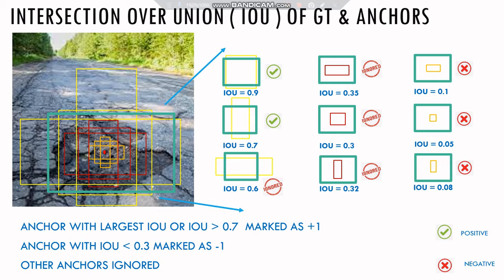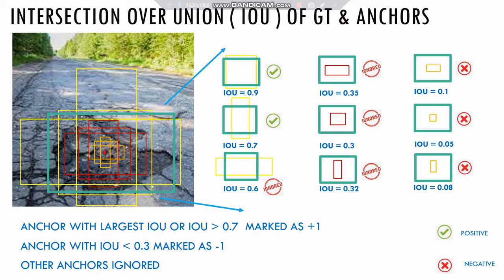Now intersection of union is the ratio of the area which is being intersected, that is the common area between the anchor box and the ground truth, and the total area of both these boxes, that is the anchor box in question and the ground truth.